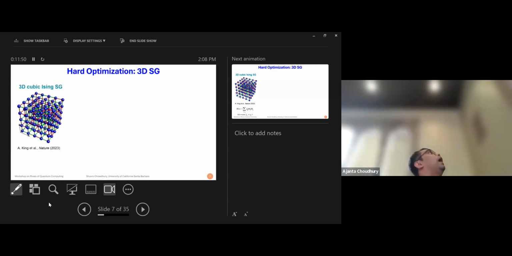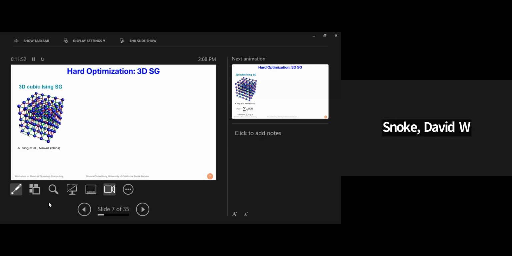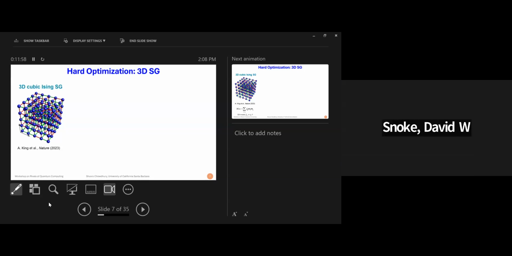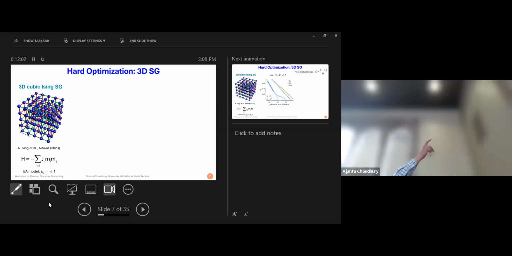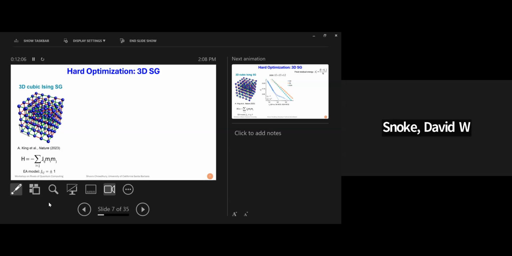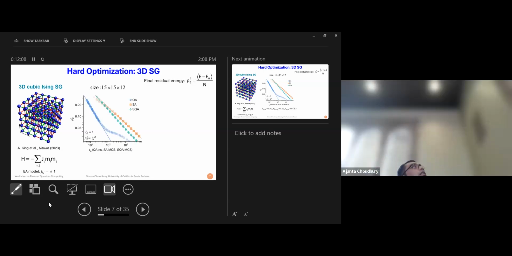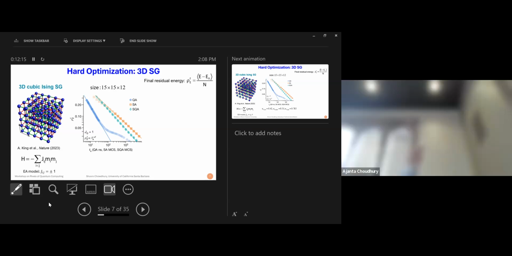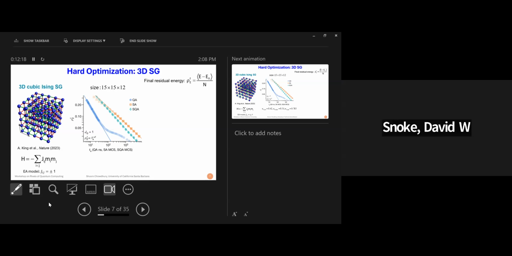A couple of years ago, D-Wave put out a paper in Nature. In that paper, they use this 3D cubic Ising spin glass model to adapt it into their quantum annealing hardware. And they showed that for this size, they compare with three annealing algorithms: simulated annealing, simulated quantum annealing, and quantum annealing.